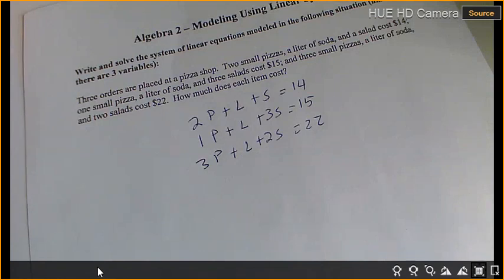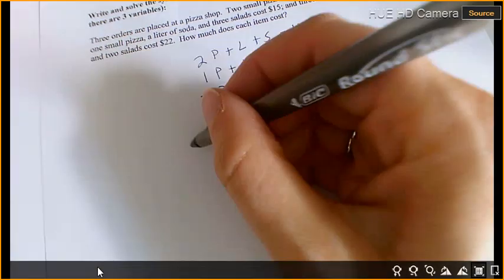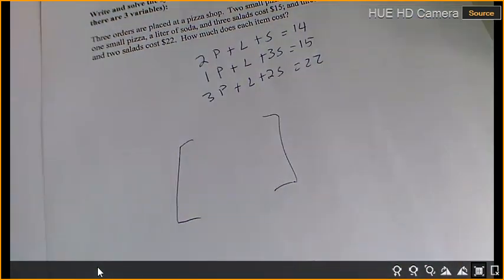Okay, what we're going to do is we're going to turn this into a matrices. Okay, and I'm going to go through in just a second and explain all of what a matrices is. But let me show you how fast this is to do, and then I'll go into more detail of how I'm doing it. So with a matrices, I take one matrices and I make it a coefficient matrices.